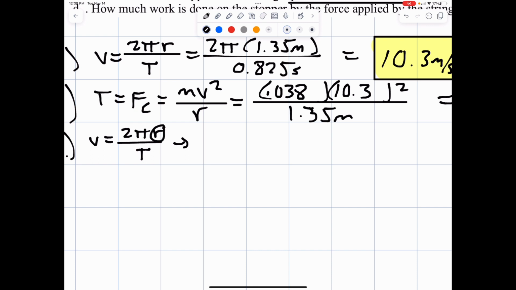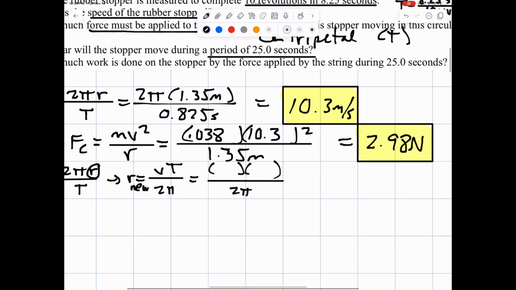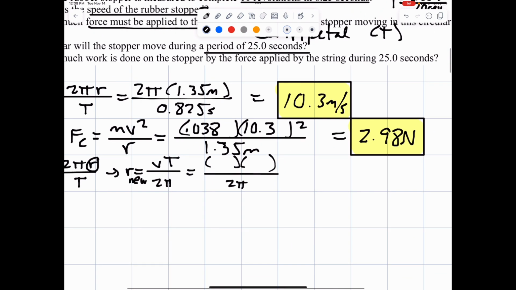So anyway, solve this equation for r. We're going to multiply by T, the period, and divide by 2 pi. So r is equal to v times T over 2 pi. I'm going to call this r new. This is our new radius. Now our speed is going to remain the same.